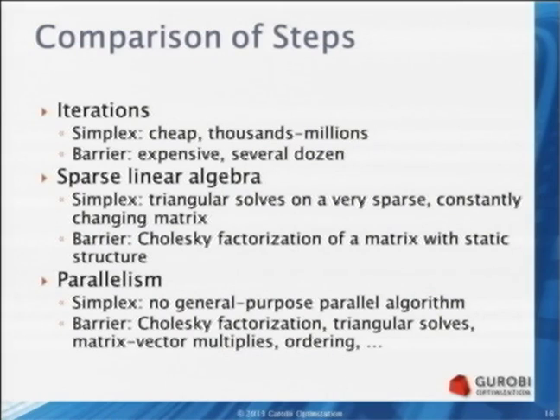In terms of the sparse linear algebra, in simplex, as I mentioned, the triangular solves are on very sparse matrices, and the matrices are constantly changing. So we're constantly pivoting entries into the basis, pivoting entries out. In contrast, for barrier, you're doing a Cholesky factorization on a matrix with static structure.